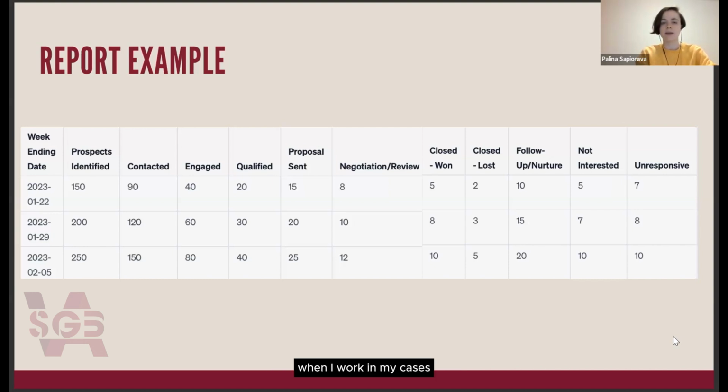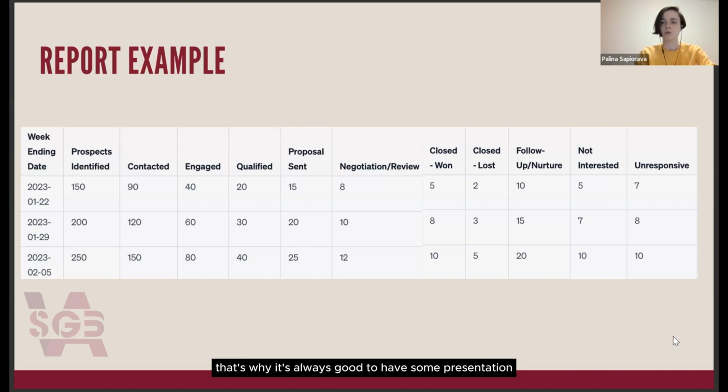In my cases, I usually provided reports with the following information on a weekly basis, like, for example, how many leads I contacted, how many of them answered, and then what answers they gave. Like, for example, how many people said they were not interested, how many people said please contact us later, how many people asked for more information.